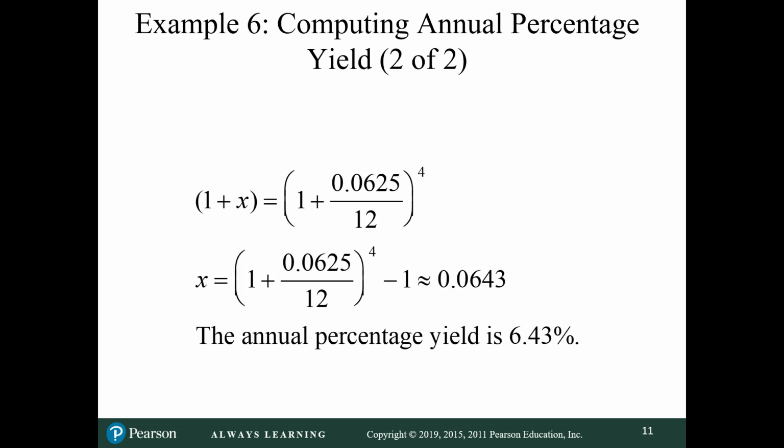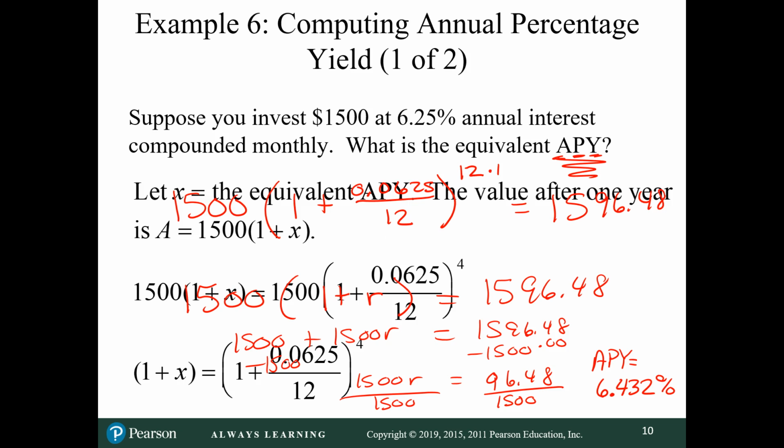Yep. Okay. So now you know the rate, then why would you try to find it? Okay, this is the rate compounded monthly. We wanted to know the equivalent of what it would be if it was compounded one time per year, which is 6.43% if it was compounded yearly.